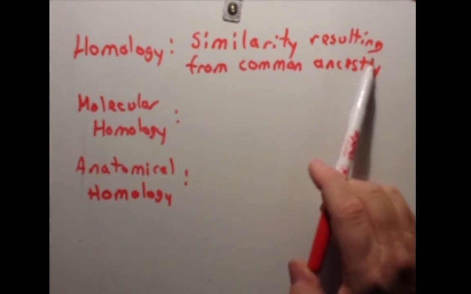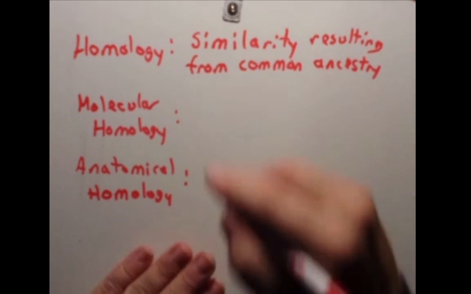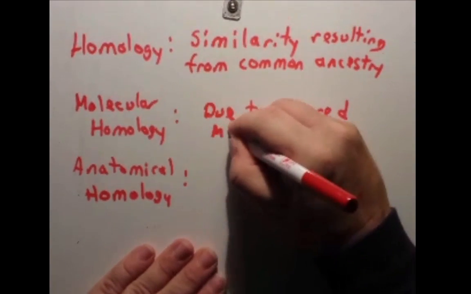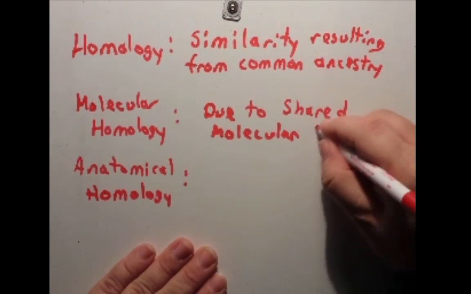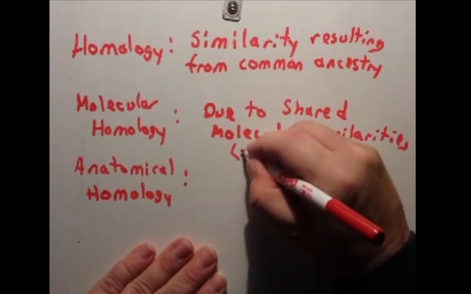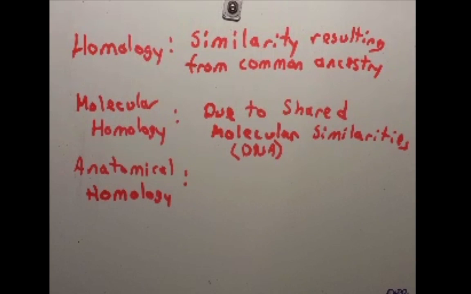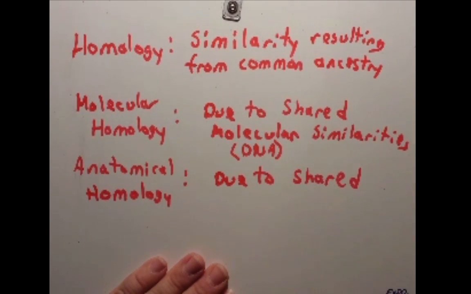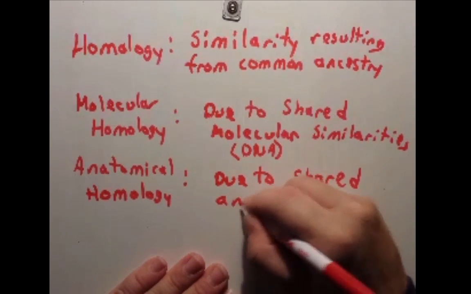So this similarity resulting from a common ancestry is due to shared molecular similarities. And when we talk about this, we're primarily talking about DNA. Anatomical homology is similarity resulting from a common ancestry due to shared anatomy.